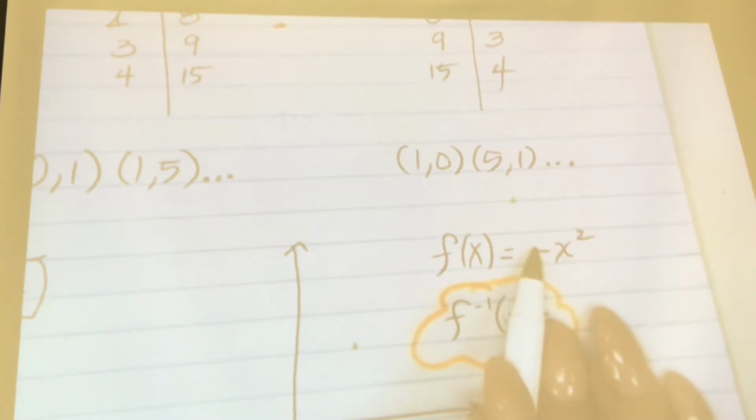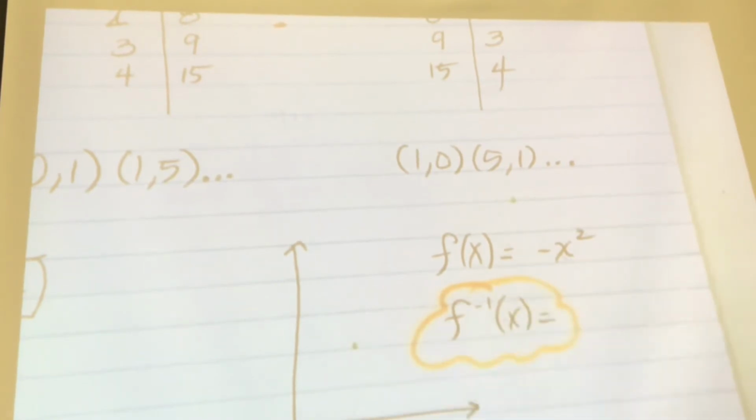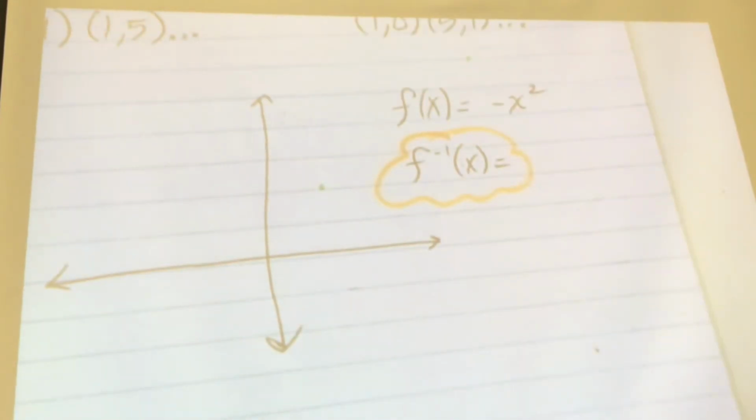Now, last year my kids were like, oh, who cares what points you use? It doesn't matter. I could use 0, 1, 2, 3, 4. You could use 2, 4, 6, 8, 10. Somebody else could use negative 5, 4, negative 4. Who cares? You're going to graph the same graph. But for simplicity's sake, because of the way your graph is on your paper, you don't want to use huge numbers.